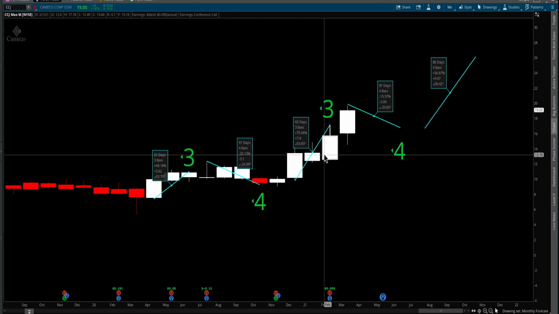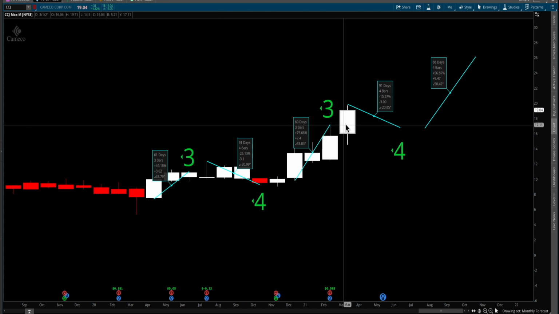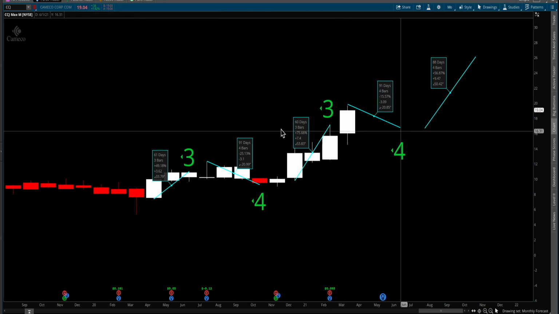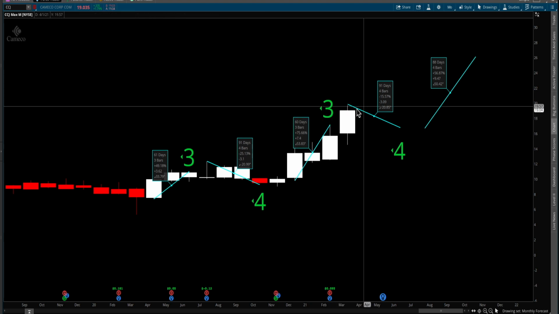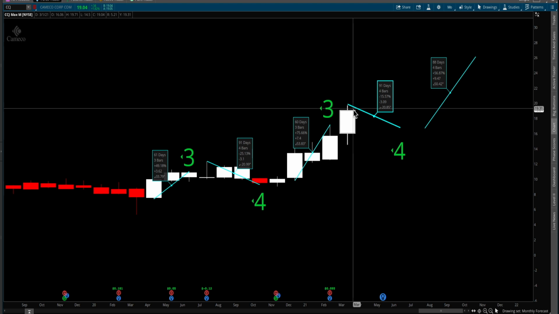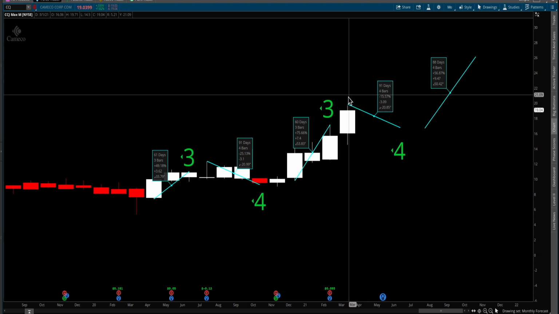I have to add other confirmations. And I've been saying that March could be a possible swing high for Cameco and then pull back. So we'll see. And if it's a strong market, it's going to continue pushing even higher and ignore everything, and then just be on a really bull tear to the upside.